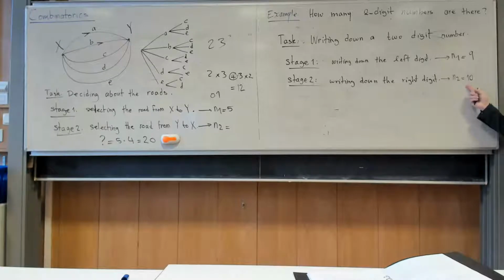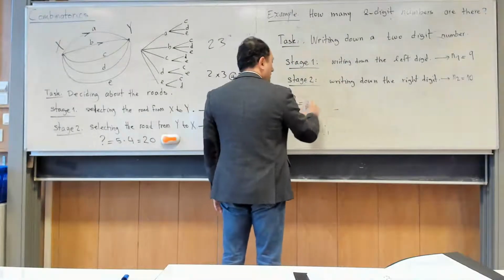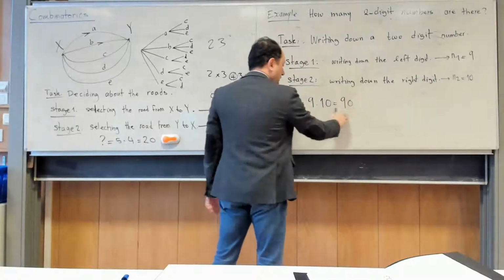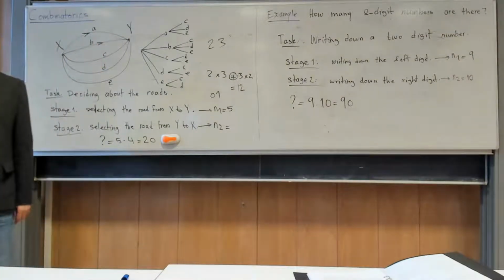From 0 to 9, which is 10 digits. If I have chosen 2 here, still how many choices do I have for this one? I have 10. So it seems that this number 10 is independent of how I have done the first stage. So everything is clear. According to the product rule, the question mark is 9 times 10, which is 90, and it actually squares with what we predicted before calculating this. Is that clear?